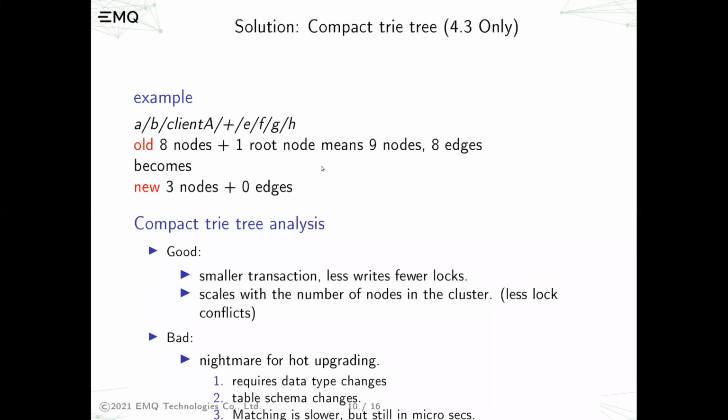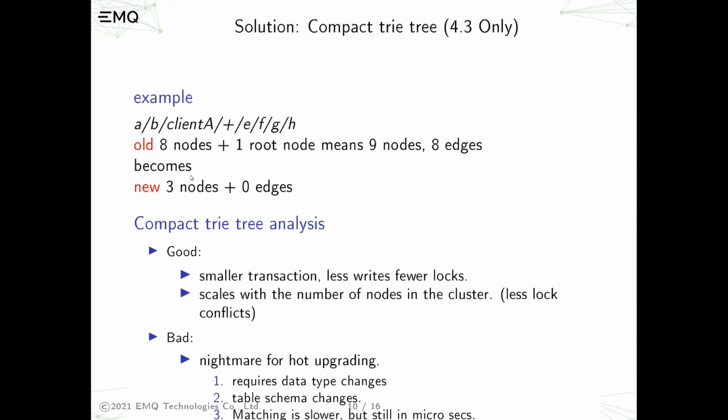As Dunning already presented, the idea of compact tree is that instead of having lots of nodes and edges to write, we compact the nodes to smaller writes and smaller edges.